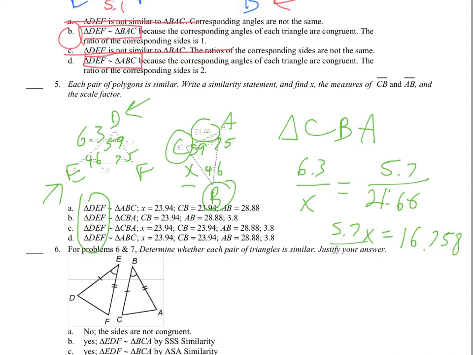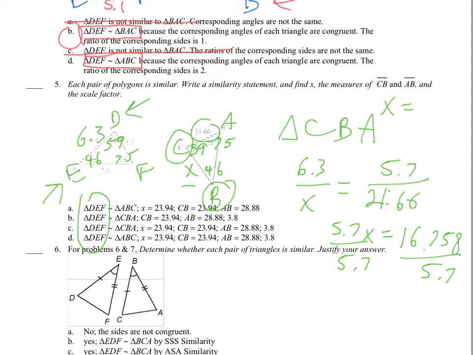Then I'm going to divide both sides by 5.7, and that gives me x equaling 2.94, which is not correct. I did something wrong here.